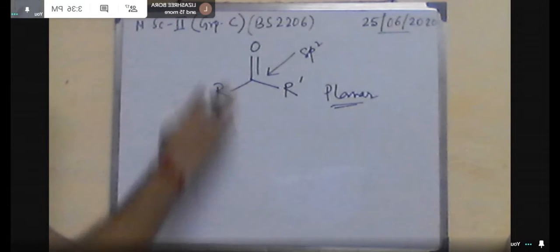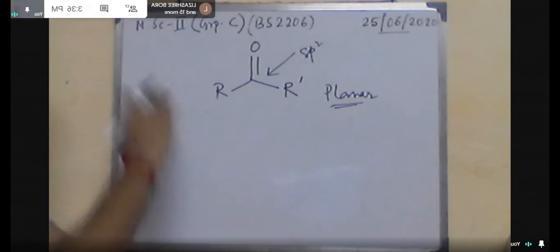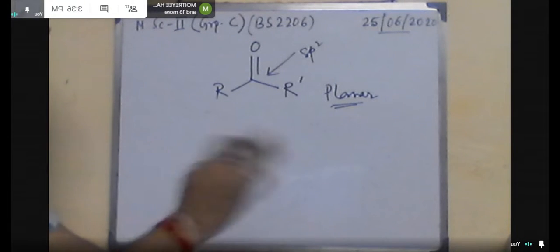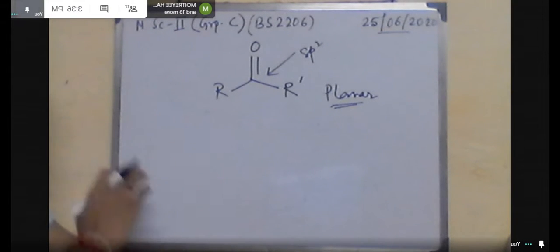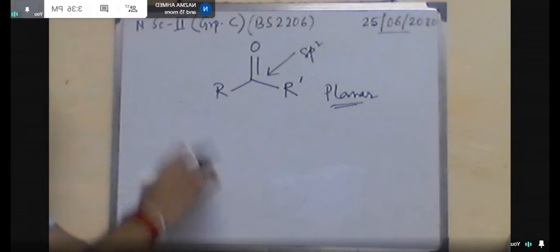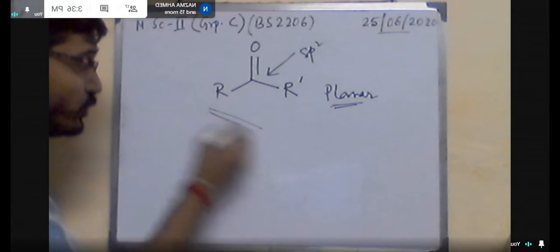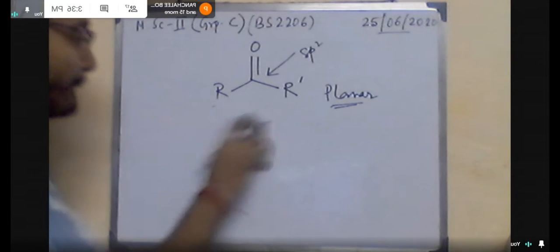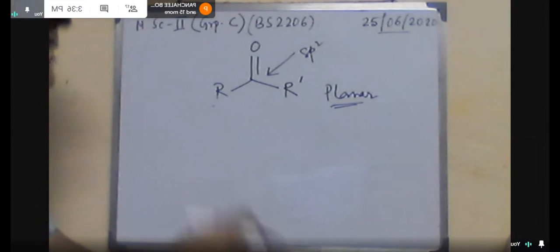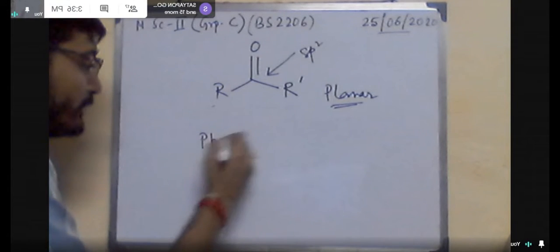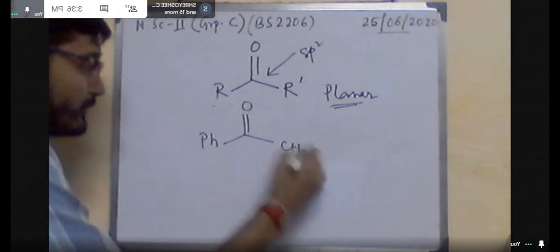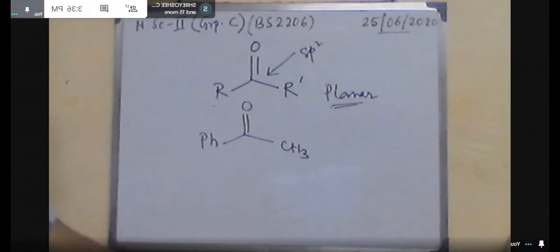Now how will you designate the two faces in terms of topicity? For a specific example like acetophenone, first we designate the atoms or the substituents with respect to the CIP rule.